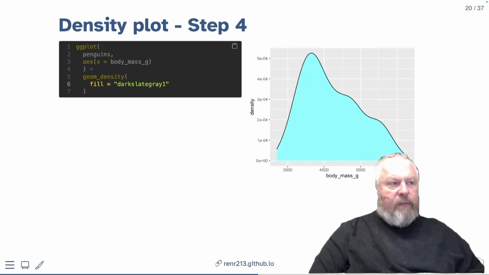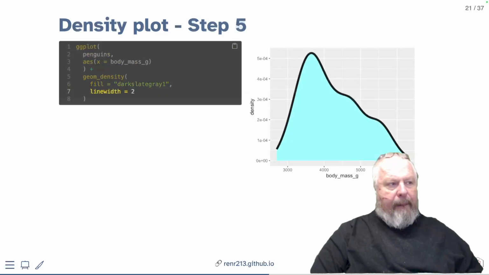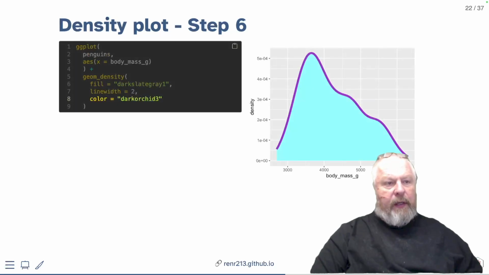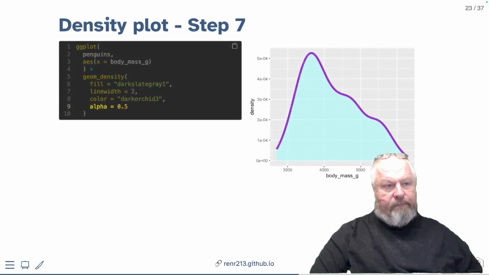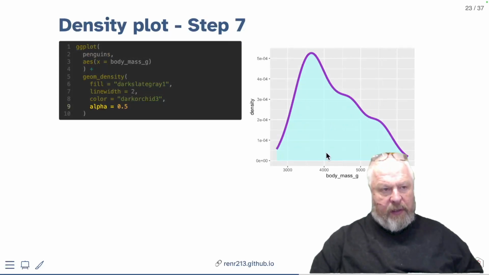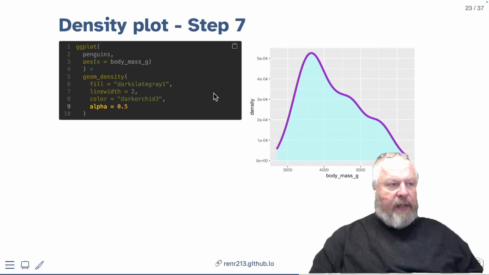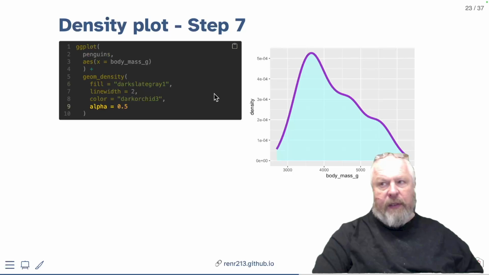Color sometimes helps. You can change things like line border widths. You can change the colors of the lines. You can change the alpha levels. So now we can actually see the grid lines behind the distribution. Remember, alpha refers to transparency.